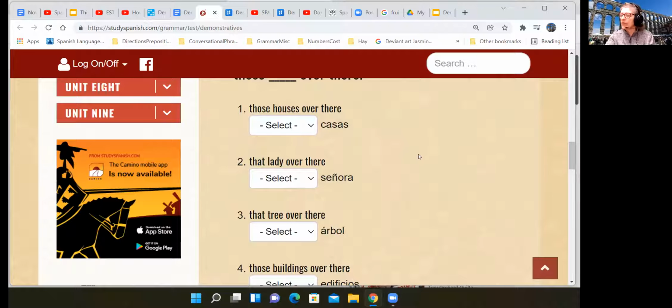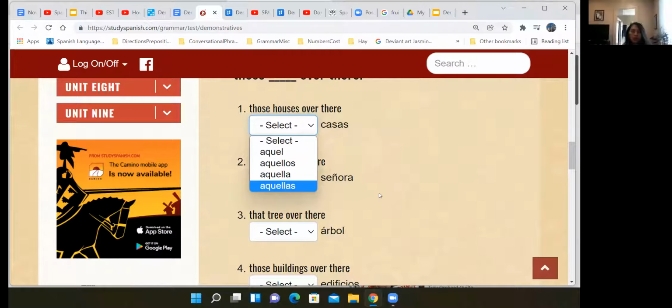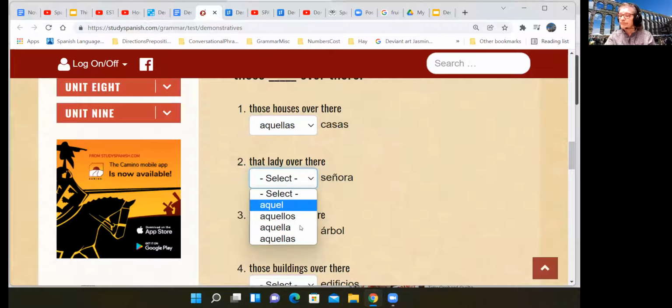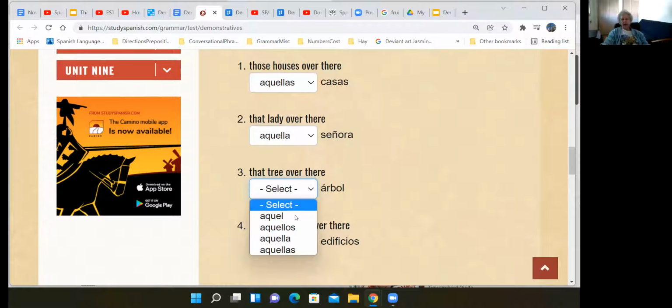Vamos a ver. Un poquito, a little bit harder, but no es tan difícil. Those houses over there, aquellas casas. The idea of over there has to become the A for far away. That lady over there, aquella señora. That tree over there, aquel árbol.